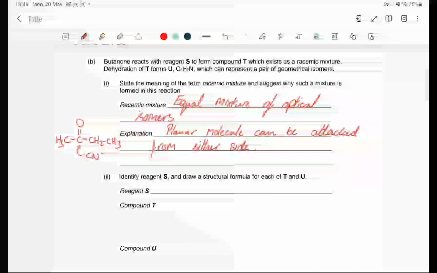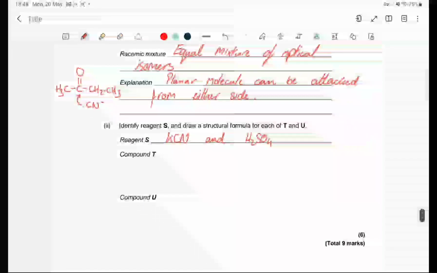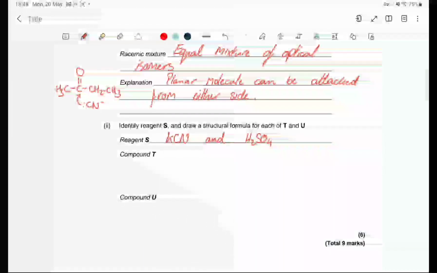So KCN and a strong acid, so HCl or H2SO4. It is worth noting that the word reagent means the full chemical compound, so not just cyanide, not just CN-, but the full thing, potassium cyanide, so KCN.